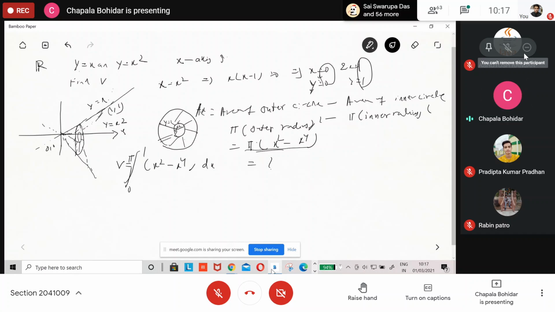This is one type. Then the same question, rotated about the line y equals 2. See the figure. The first one is the earlier case, and the second is rotation about the line y equals 2.